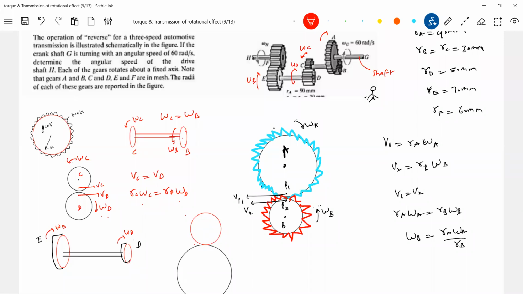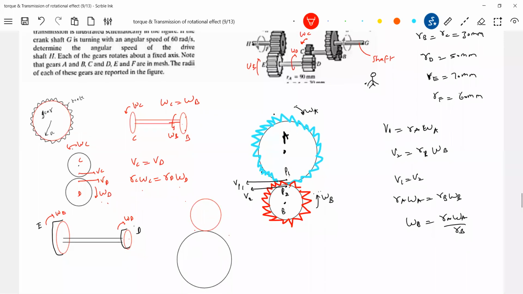I think the lower one is here. So this is like this, omega E. Then omega F should be like this here. These velocities should be equal. So this is gear E, this is gear F. With whatever angular velocity omega F rotates, that would be the angular velocity of H.